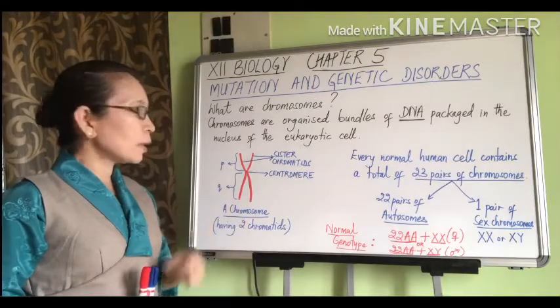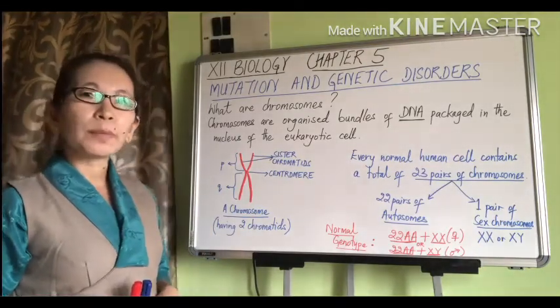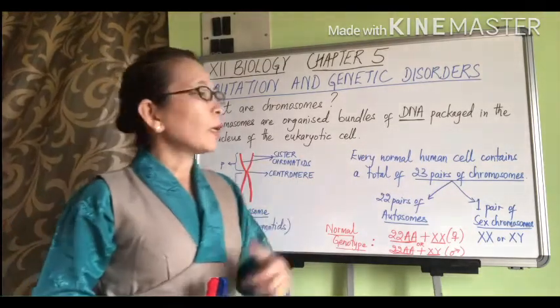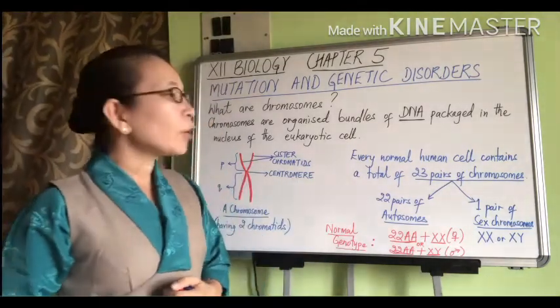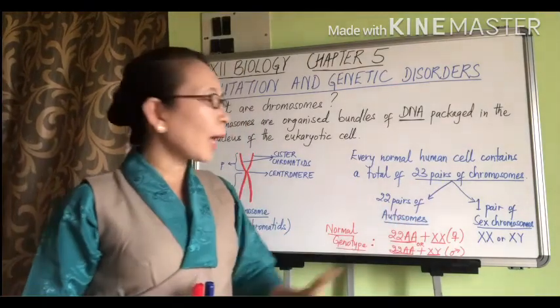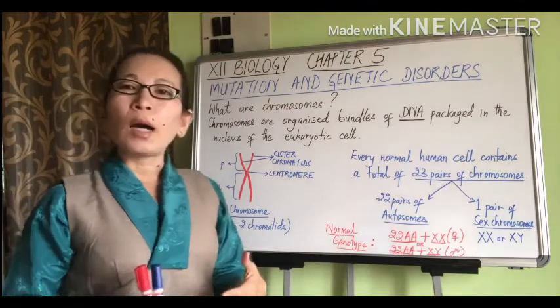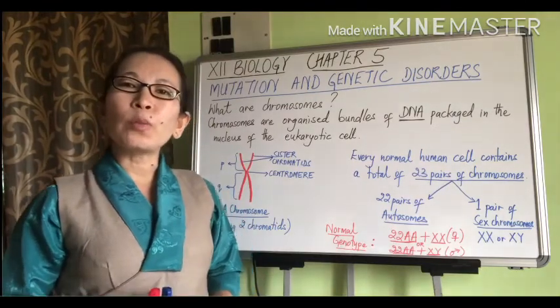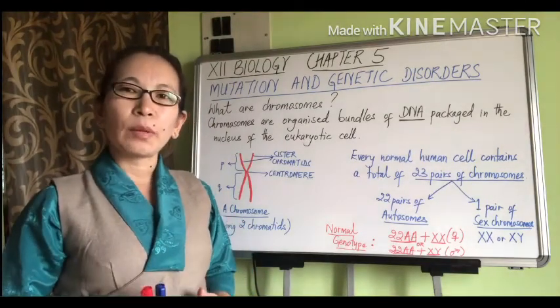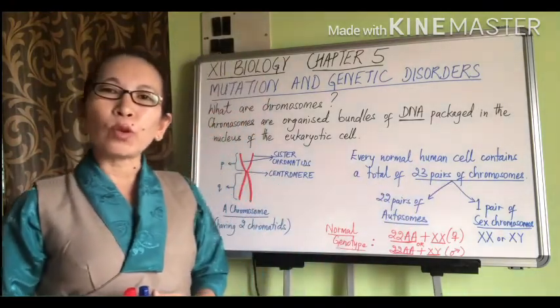So such is the understanding of a typical chromosome structure. Now in every normal human cell, we have 22 pairs of autosomes and 1 pair of sex chromosomes, because of which our 2n, our diploid chromosome number, becomes 46. Right? So we have a total of 23 pairs of chromosomes.